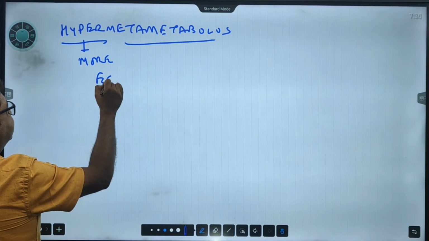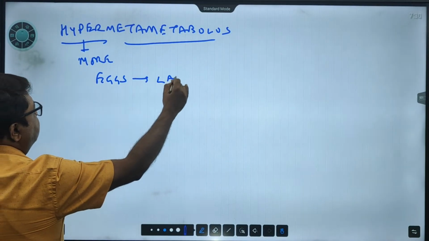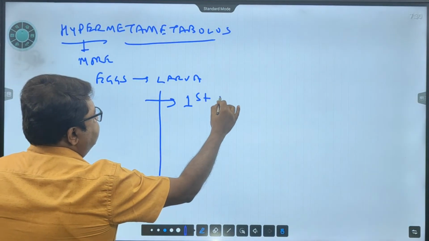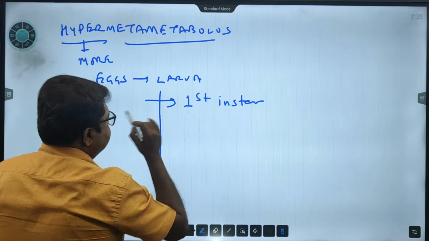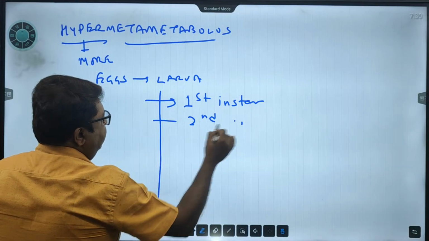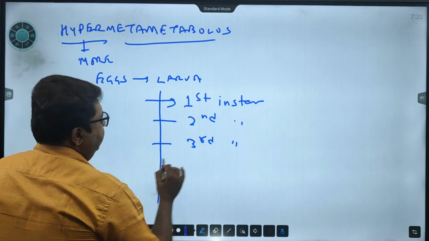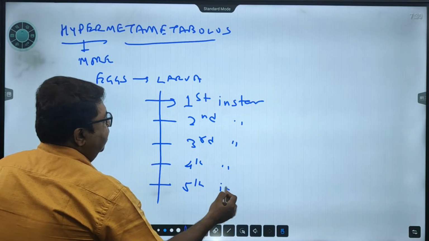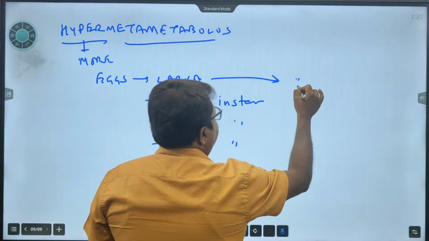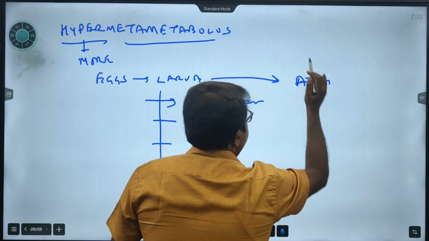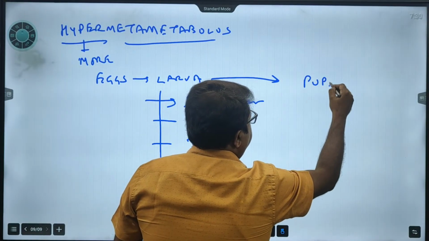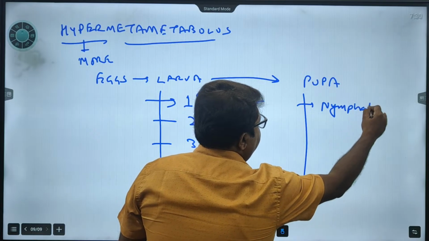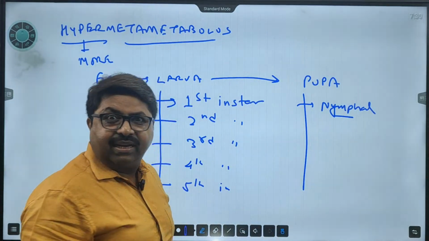So they have got eggs, then larva: first instar larva, second instar, third instar, fourth instar, fifth instar larva, and then pupa. Under pupa, they have got some nymphal stages: first nymphal stage, second nymphal stage.